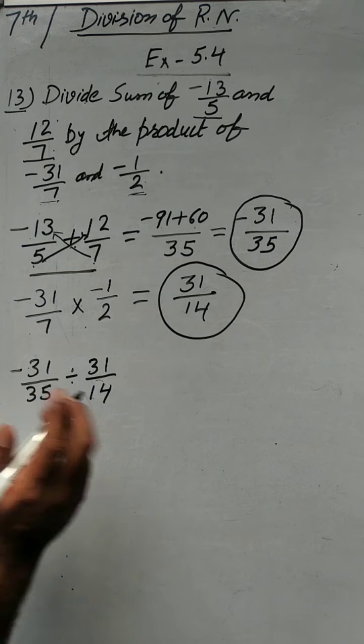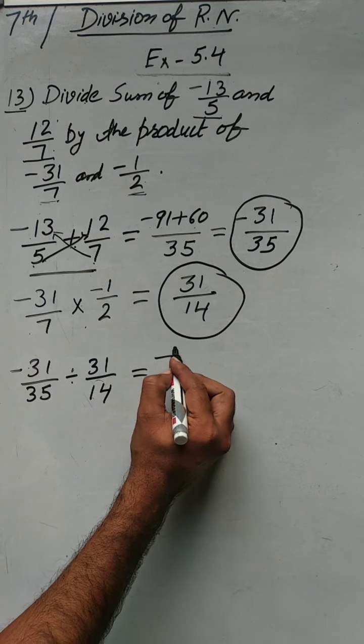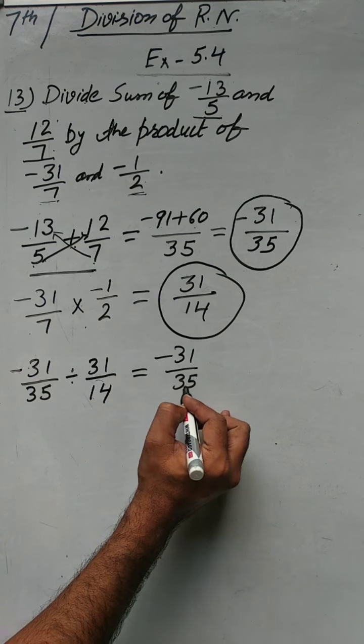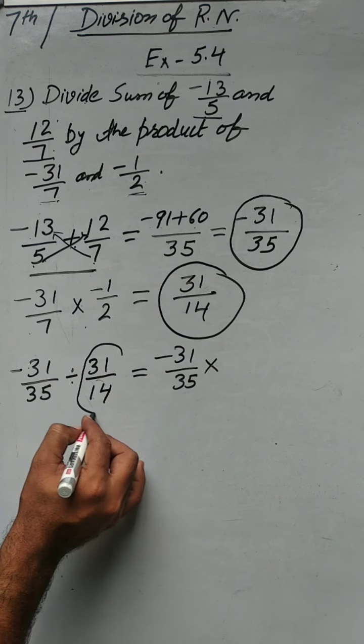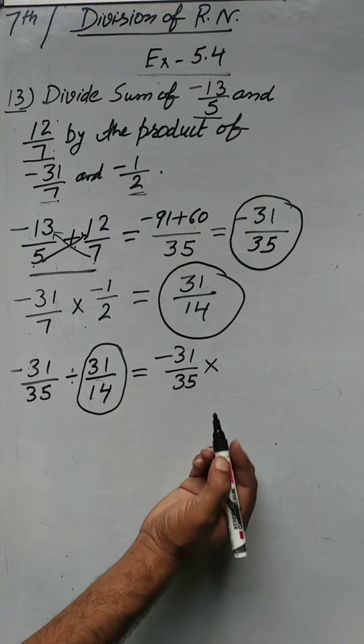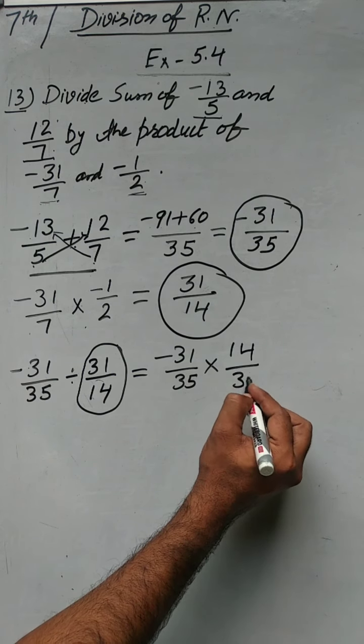Okay beta. Now beta, this division will change into multiply. 31 upon 35 as it is, changed into multiply, and here beta, reciprocal of 31 upon 14, so it is 14 upon 31.